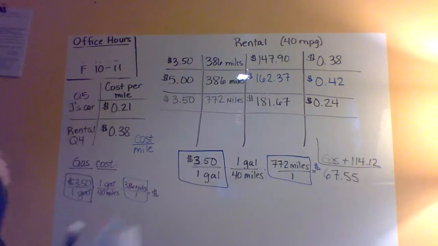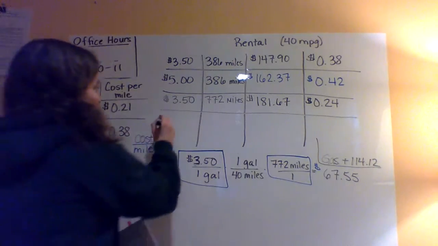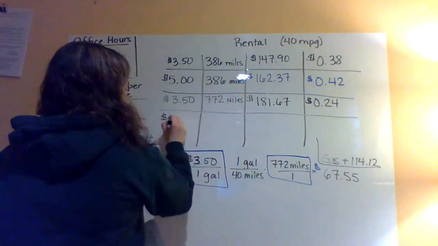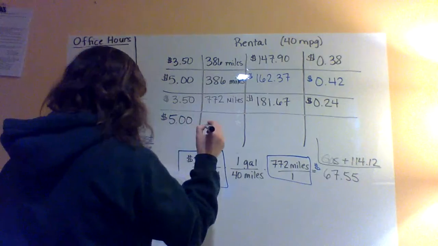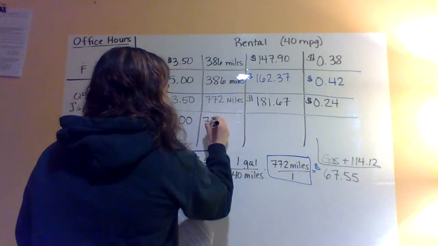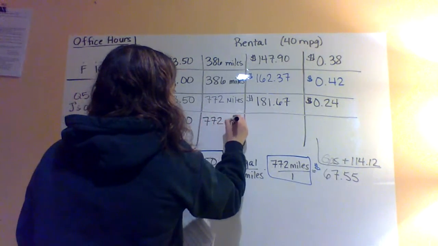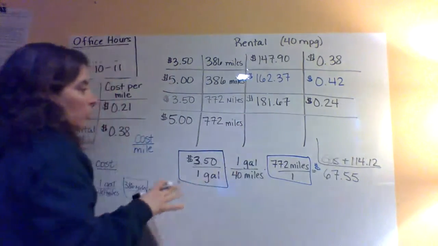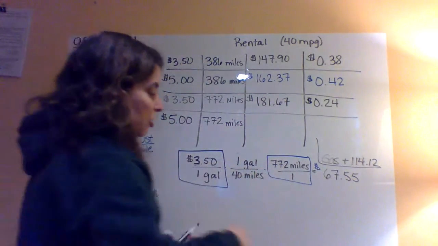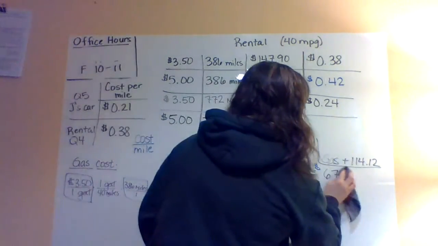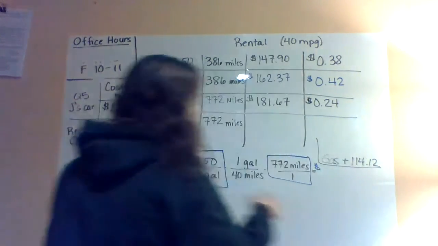Okay, so I would like you to go ahead and do the last row here, okay? We've done a few now. You know this is the setup for the gas price. Just change what you need to change for this particular scenario.